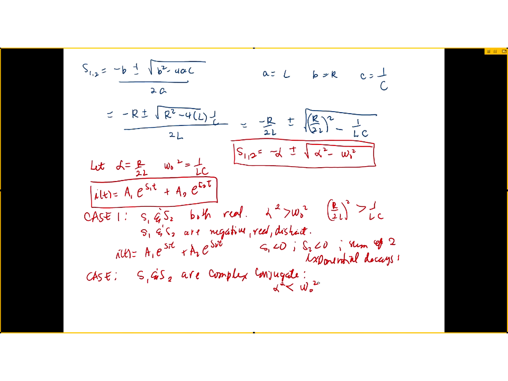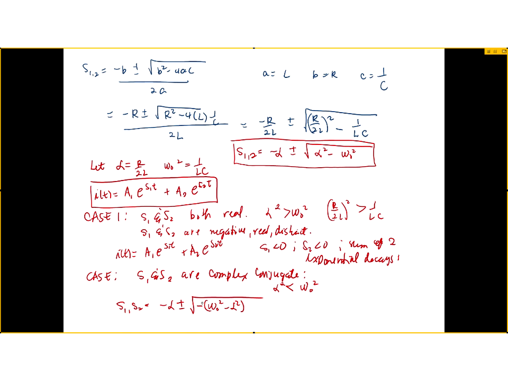Now, if I rewrite my S1, S2 in this manner, S1, S2 is going to be negative alpha plus or minus the square root of, since I already know that omega naught squared is bigger than alpha squared, I'm going to rewrite the order. So I'm going to put omega naught squared first, minus alpha squared. But in order not to change S1 and S2, I need a minus sign. You agree with that?